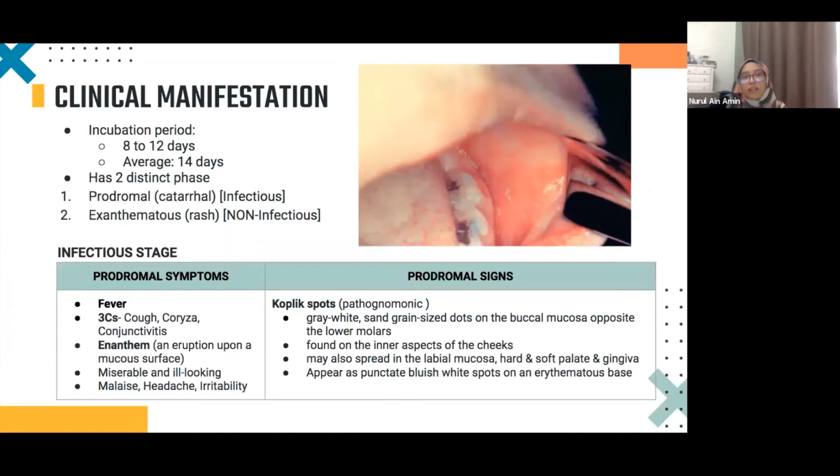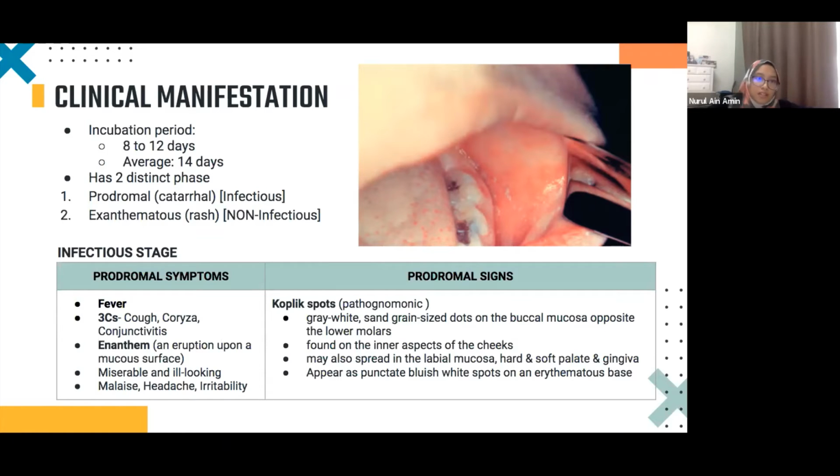Okay, what are the clinical manifestations? The incubation period is 8 to 12 days from exposure to symptom onset, with an average of 14 days from exposure to the rash onset itself. It also has two distinct phases, the infectious stage and the non-infectious stage.